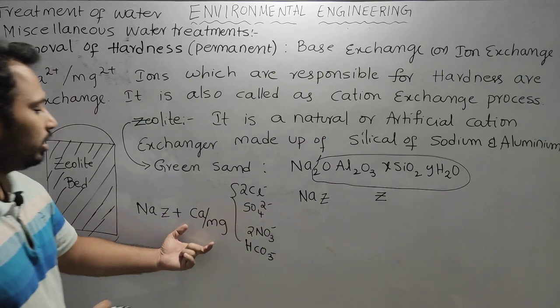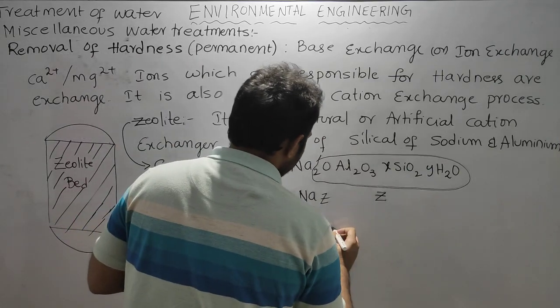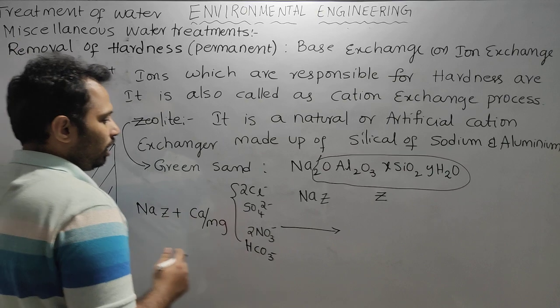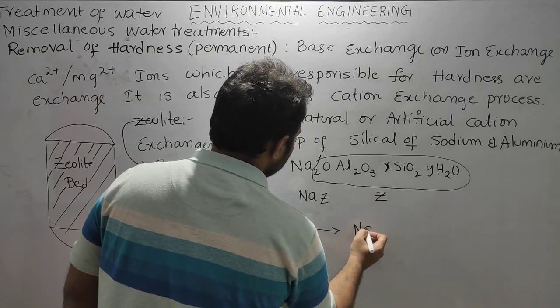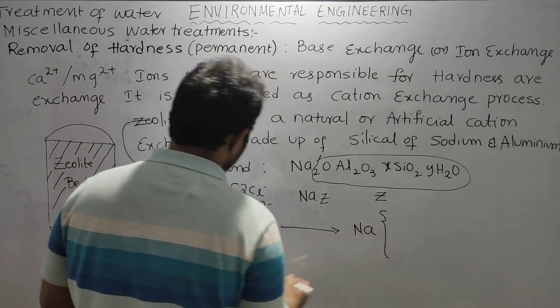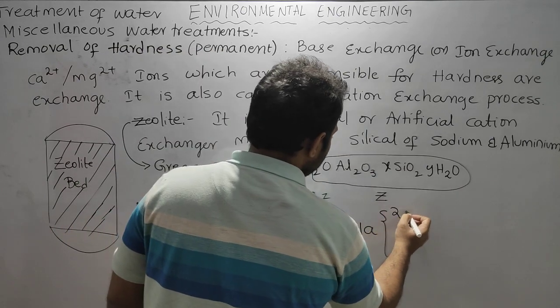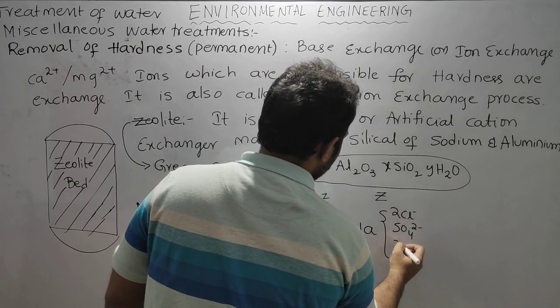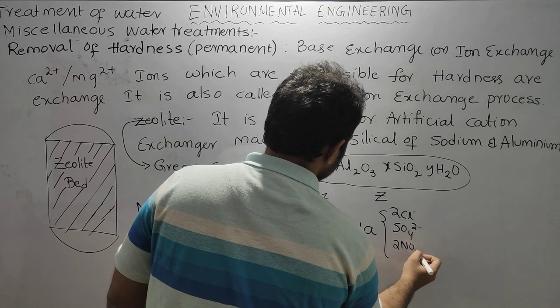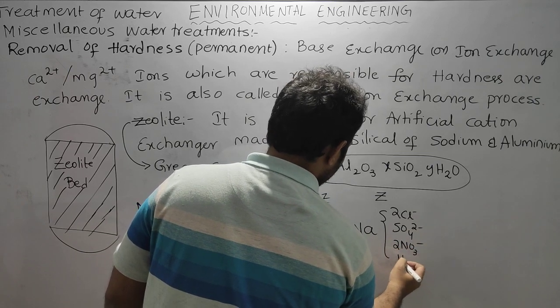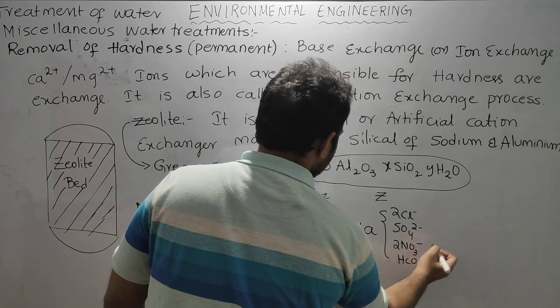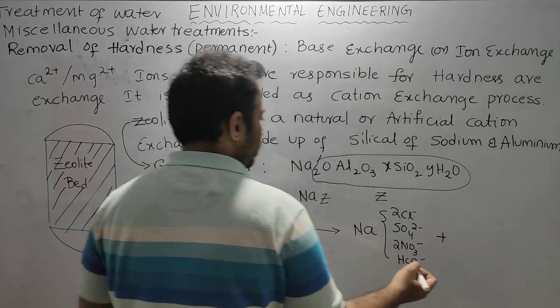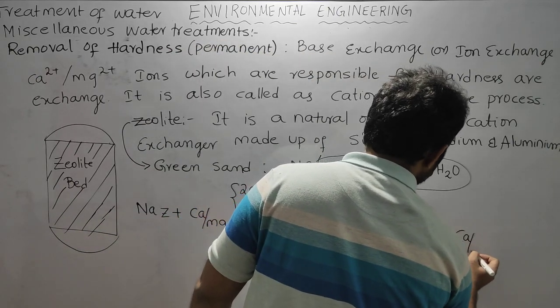So here these cations will be replaced by sodium, and it forms compounds of sodium, 2Cl minus, SO4 2 minus, 2NO3 minus and HCO3 minus, plus CaZ or MgZ.